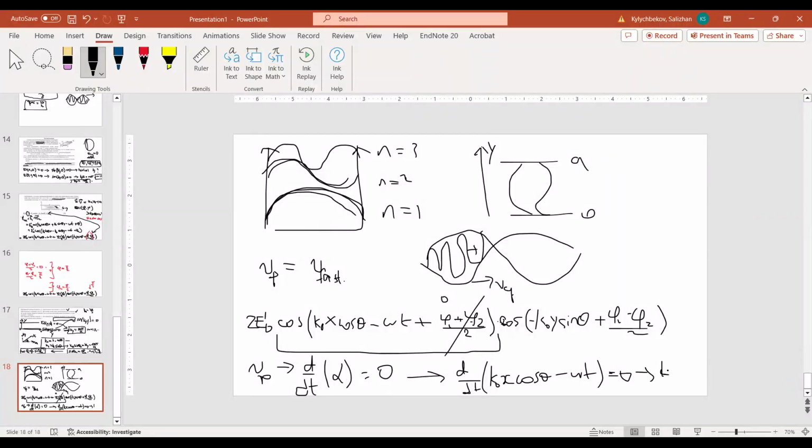So k0 cosine theta times VP minus omega is equal to 0. So the velocity of phase here is equal to omega divided by k0 cosine theta.